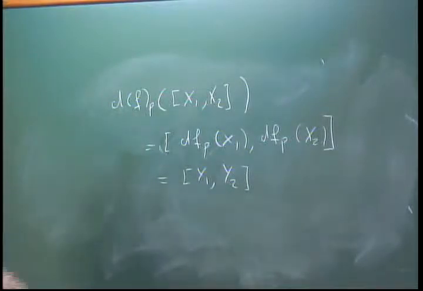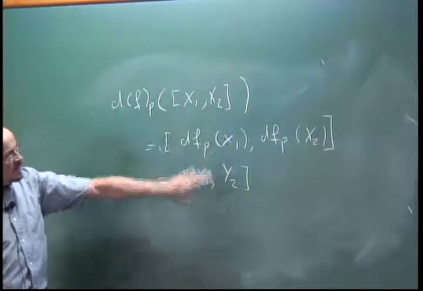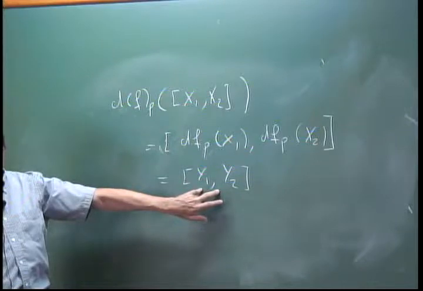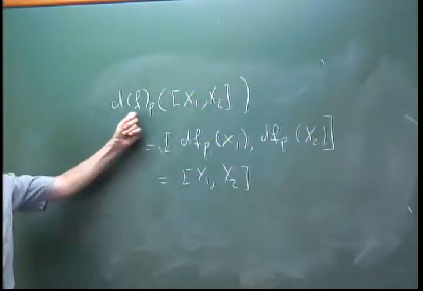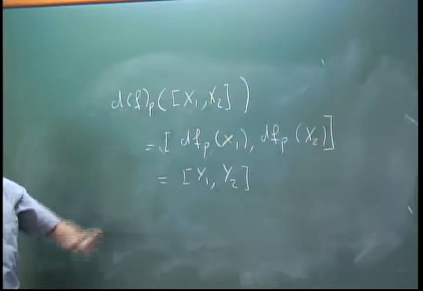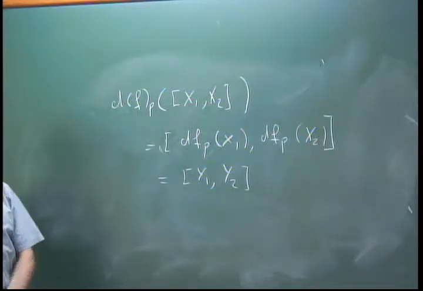That's what this says. It says that this Lie bracket is F related to this Lie bracket. What does it mean? dF at p applied to this is this. We've used it for diffeomorphisms, but now it's a more subtle statement because F is just smooth.